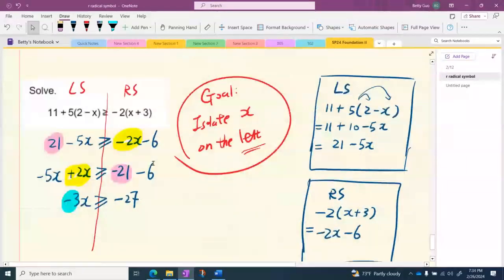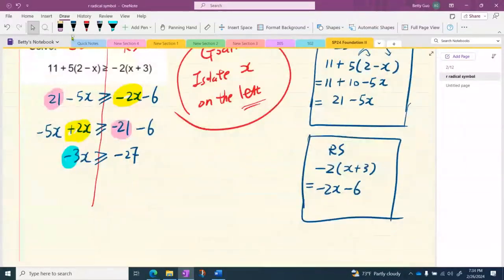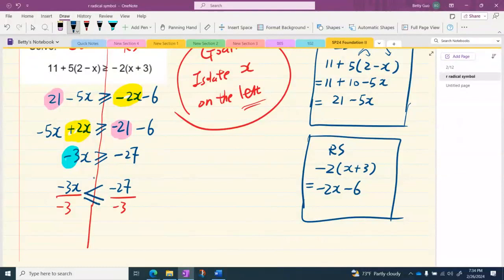It means we want to divide to isolate x on the left side. We want to divide each side of the inequality by -3, right? -3 is the coefficient, not +3. But since we divide each side by -3, we must switch the inequality symbol.